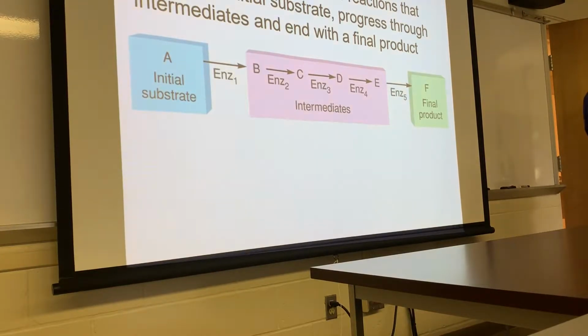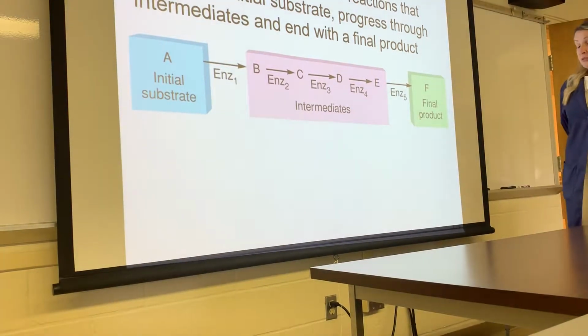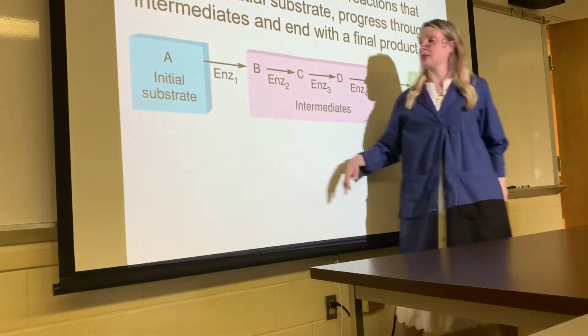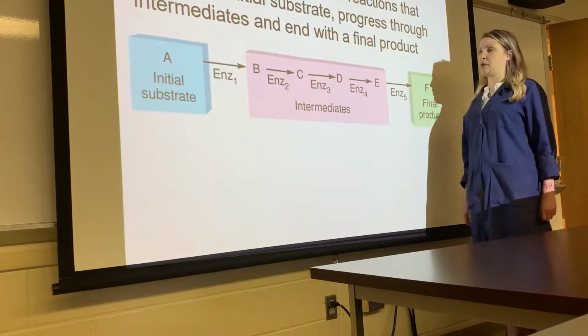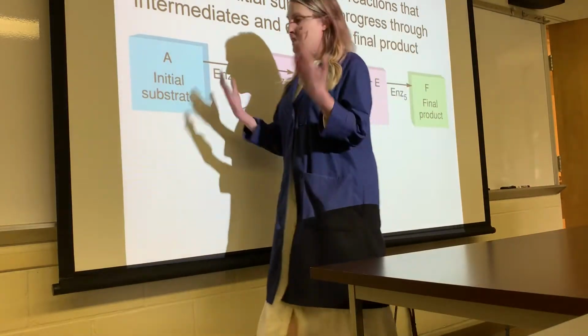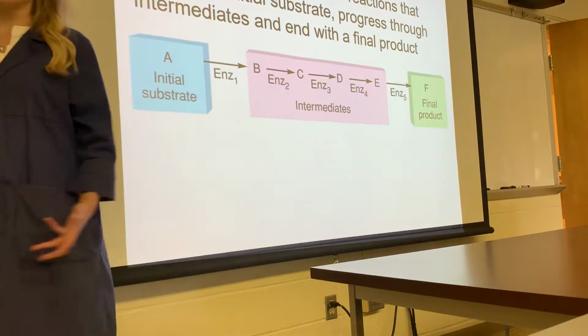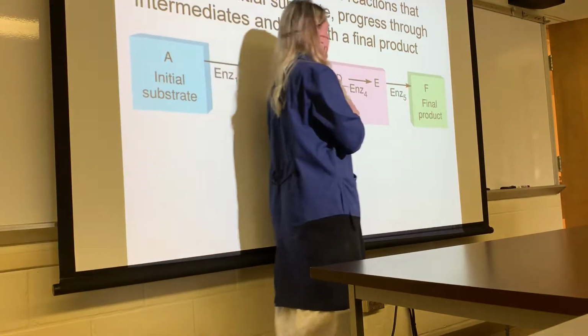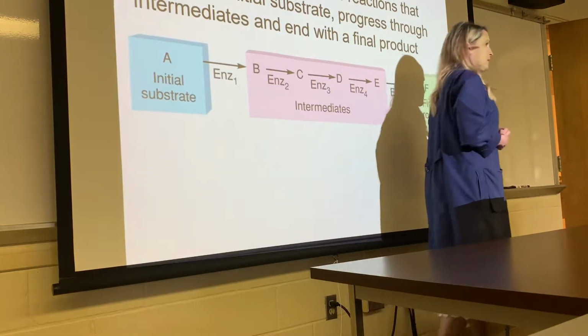Okay. All right, well, anyway, metabolic pathways are a sequence of reactions that occur that get us from an initial substrate all the way to a final product. So, for example, in our bodies, we take in glucose. Glucose is our substrate. Our final product, ultimately, will be ATP, which is energy.